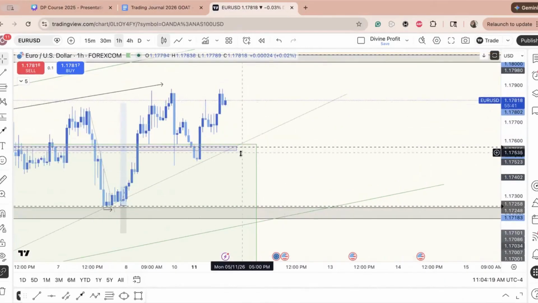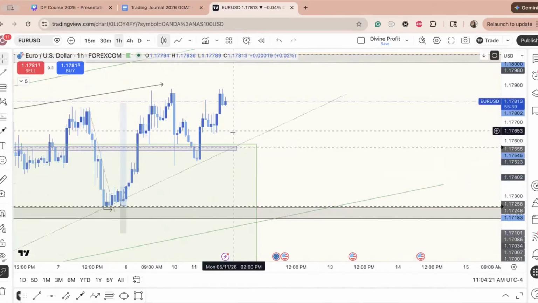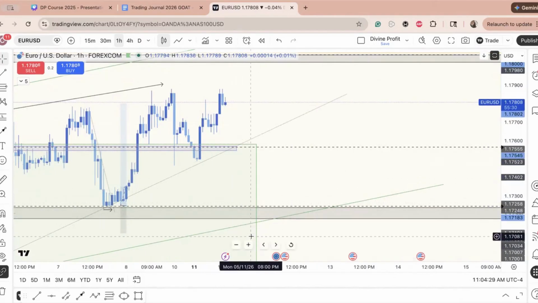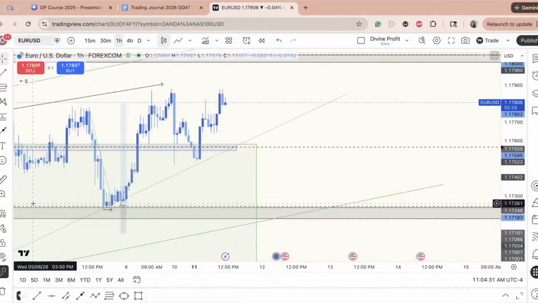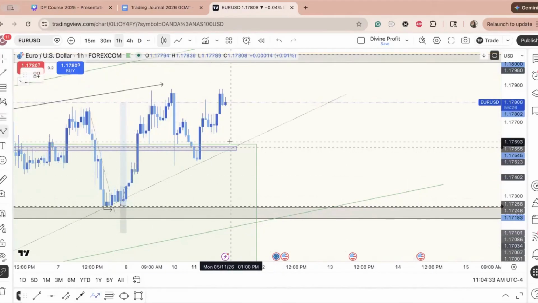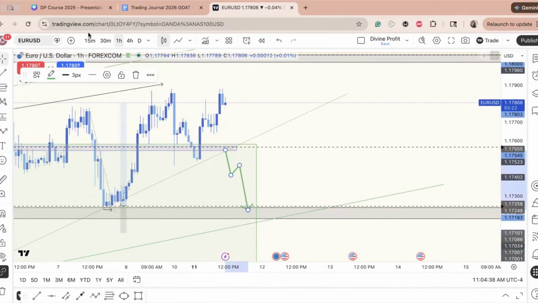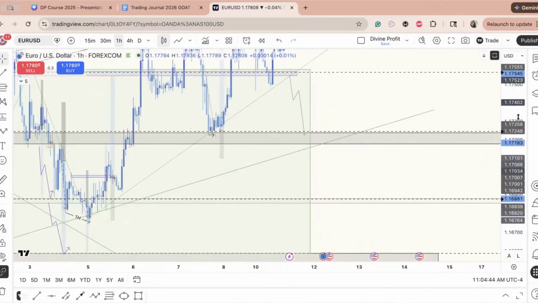If price breaks this trend line to the downside, then I possibly would take sales back down to the zone, the bottom of my 4 hour channel. Let's draw that out. Then I would wait to see what price does.